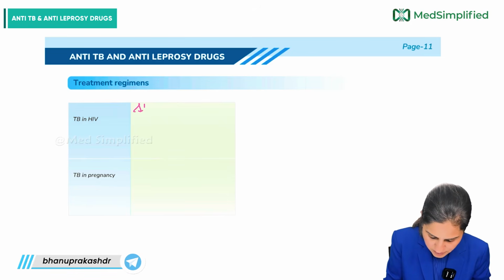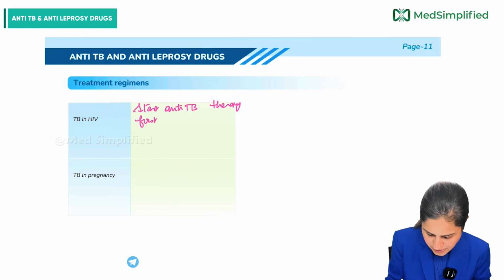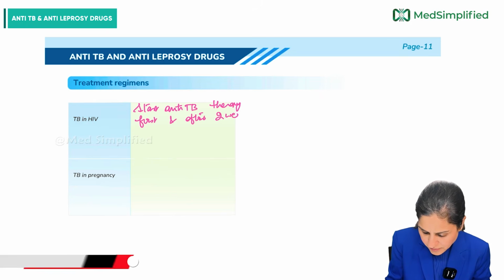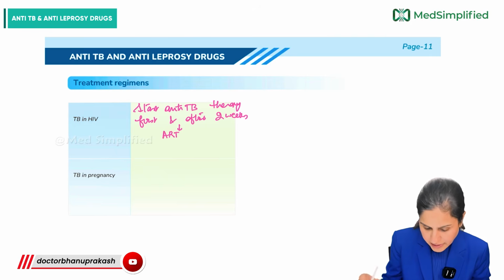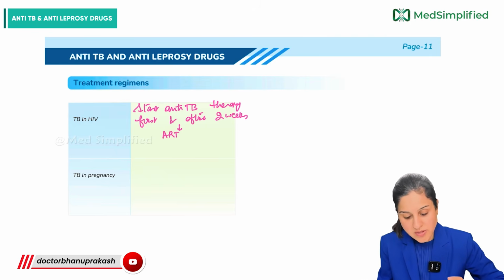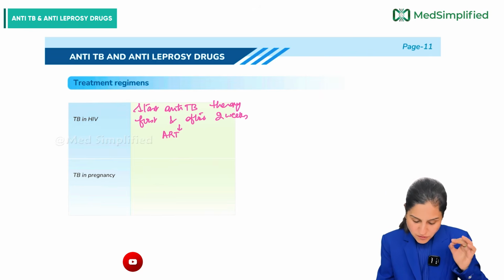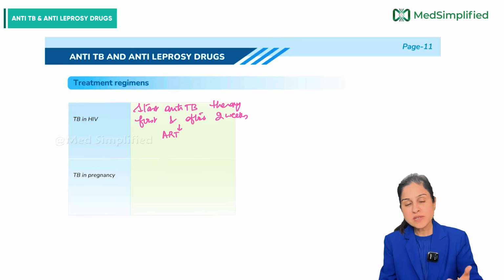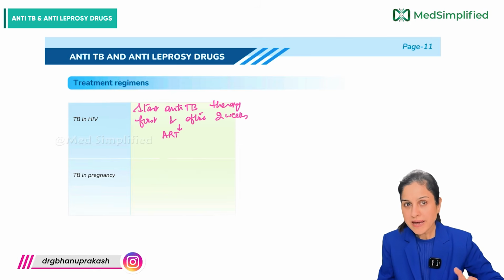So start anti-TB therapy first, and after 2 weeks you give antiretroviral therapy. This is so because if you give antiretroviral therapy beforehand, the immune system of the patient is going to improve, and it is going to target the mycobacteria.